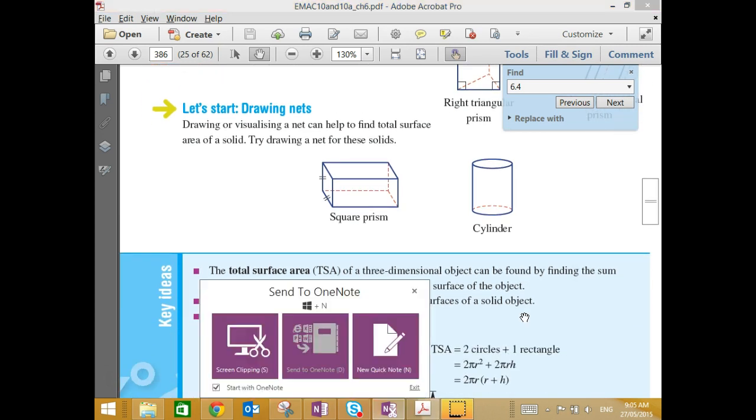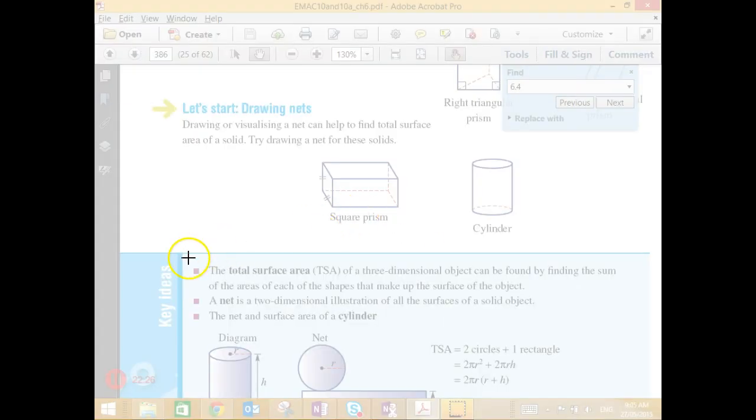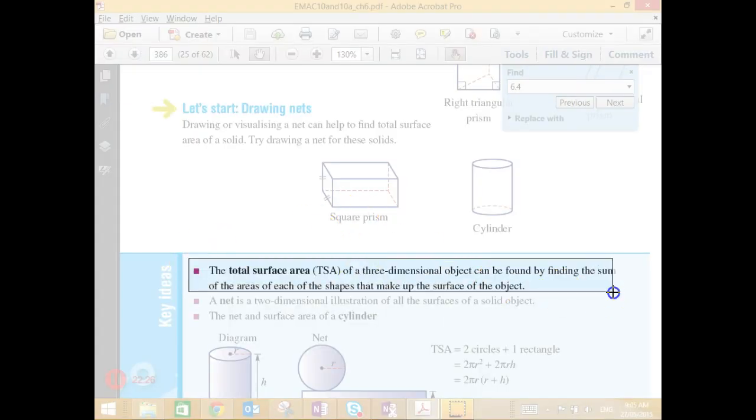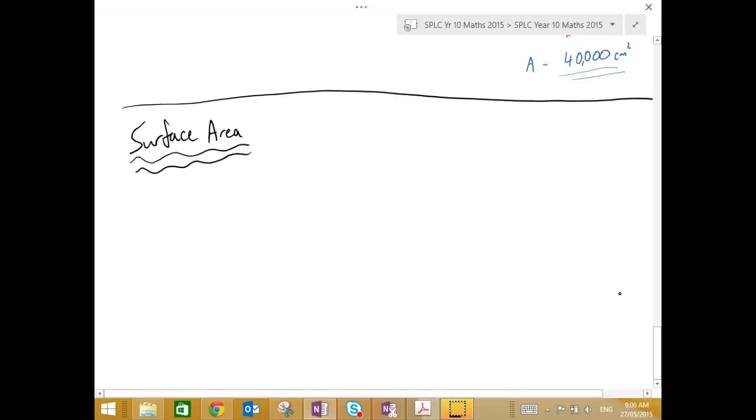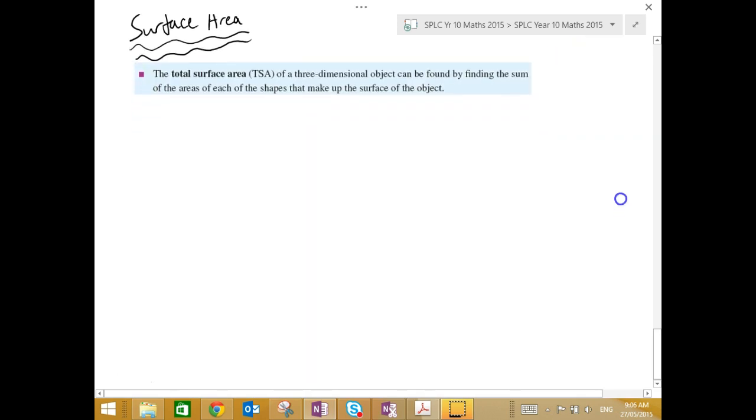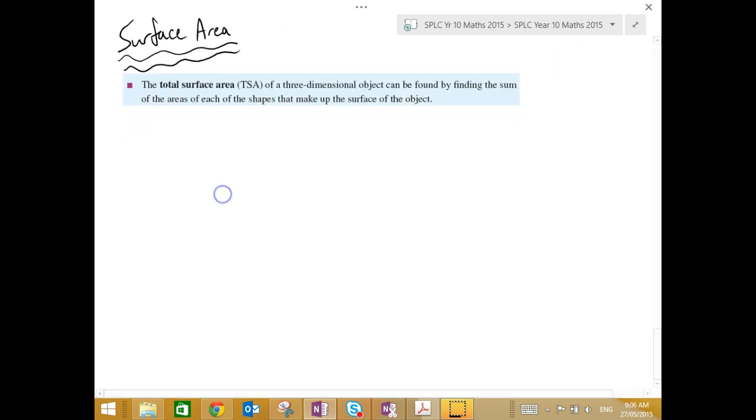Although there is a technical distinction in that prisms have parallelogram sides and cylinders clearly don't fit into that, we're going to go with the same rule for each of them anyway. So for prisms and cylinders, these are objects which have a constant cross-sectional area. So what do they feature? A constant cross-sectional area.